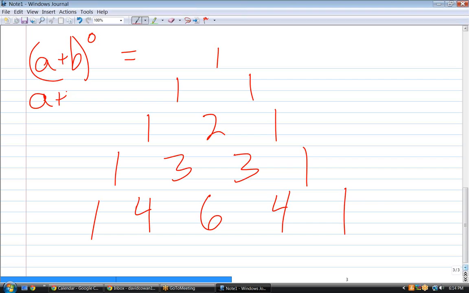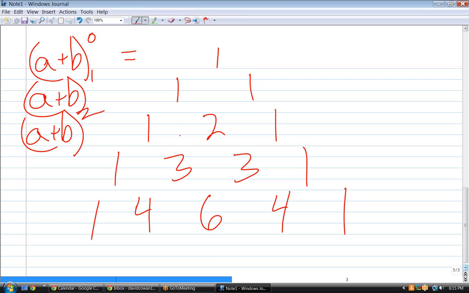A plus b to the 1 power gives you these two coefficients. A plus b to the 2 power gives you these three coefficients. So, Pascal's triangle is very much related to a binomial expansion. A plus b cubed is going to give you these coefficients.